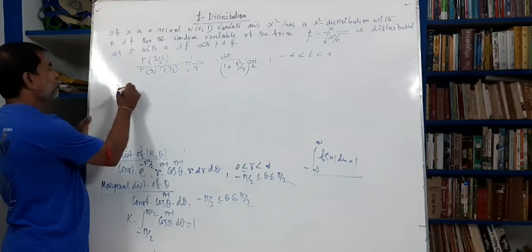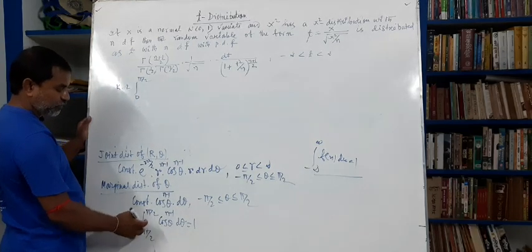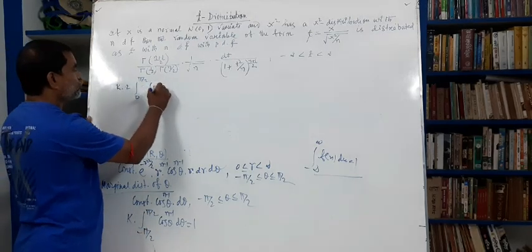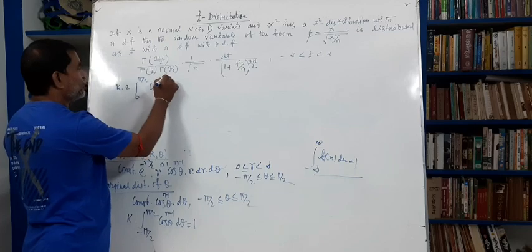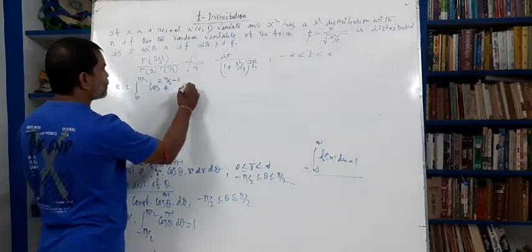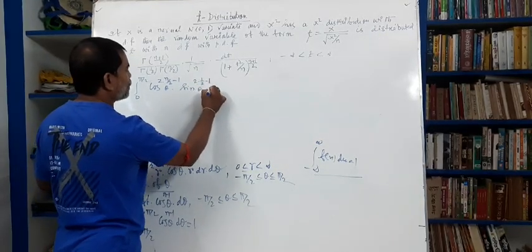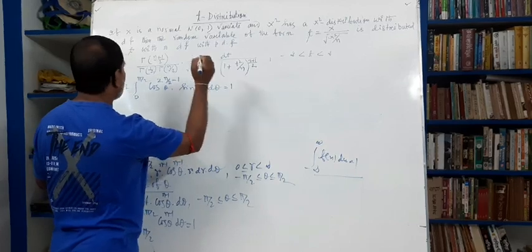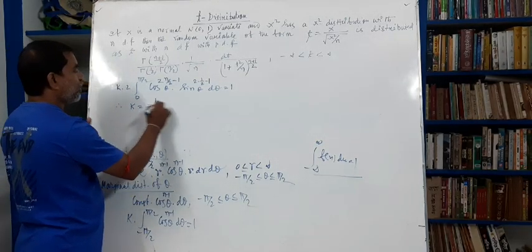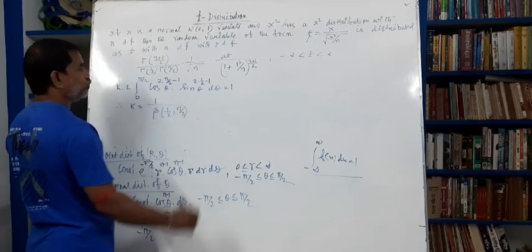k into 2 into the integral from 0 to pi by 2, as it is an even function, so minus pi by 2 to pi by 2 can be written as 2 into 0 to pi by 2, cos to the power 2 into n by 2 minus 1 theta, sin to the power 2 into half minus 1 theta d theta, that is equal to 1, and therefore k equals 1 divided by beta of half comma n by 2.